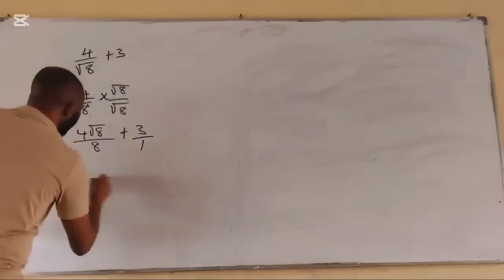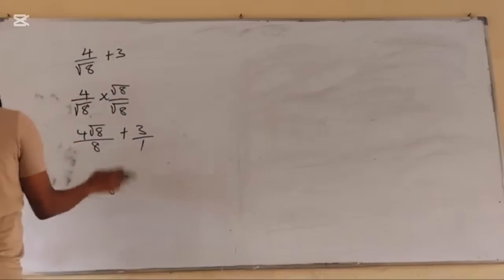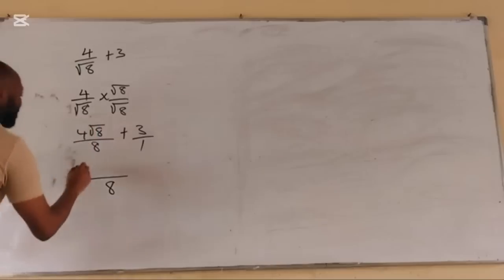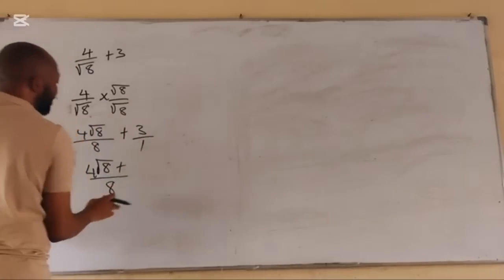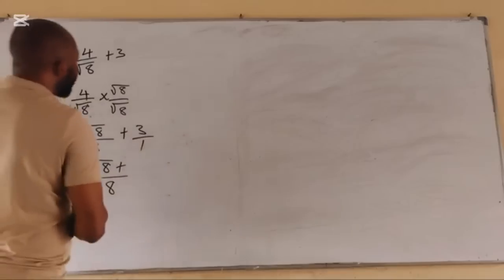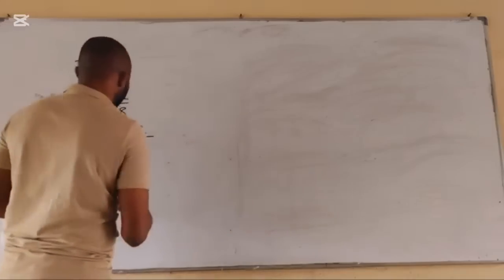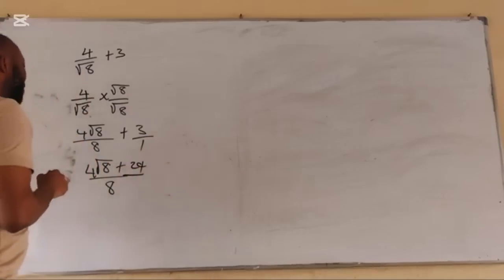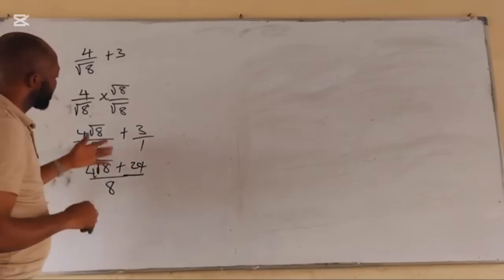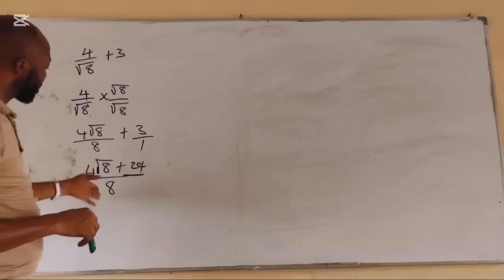The LCM here is 8. 8 divided by 8 is 1 time. 1 times this is 4 root 8. Plus 1 going into 8, 8 times 3 is 24, if I'm not mistaken. 3, 6, 9, 12, 15, 18, 21, 24.